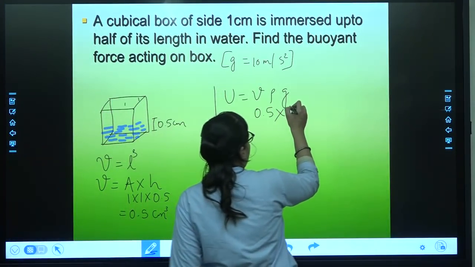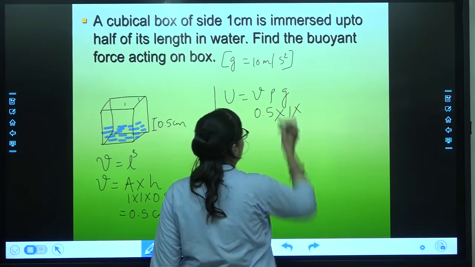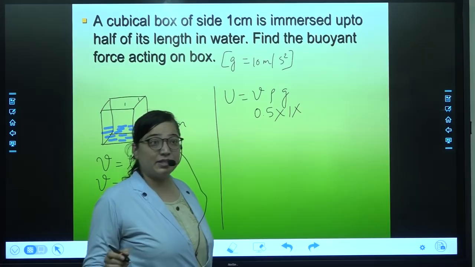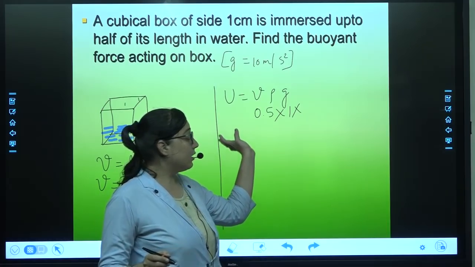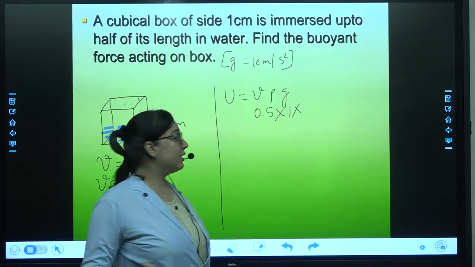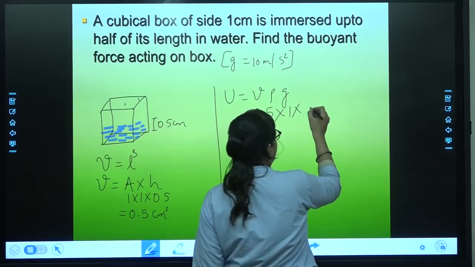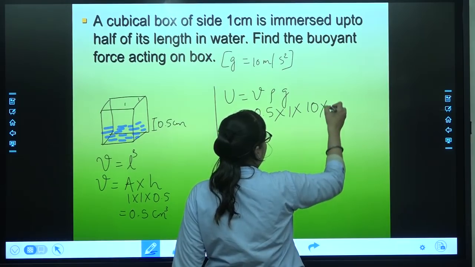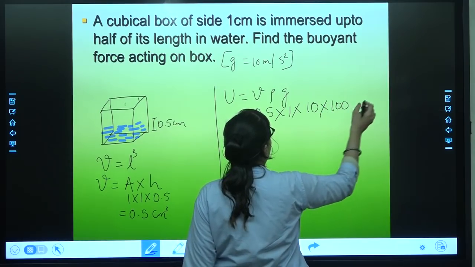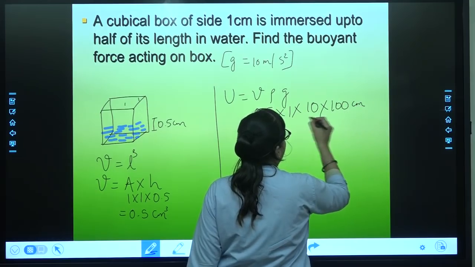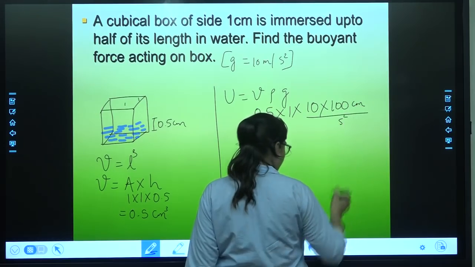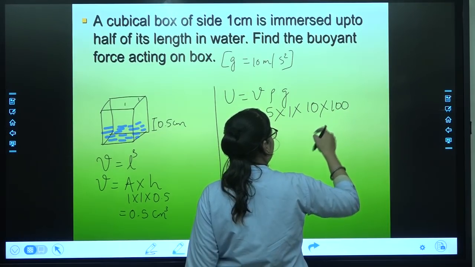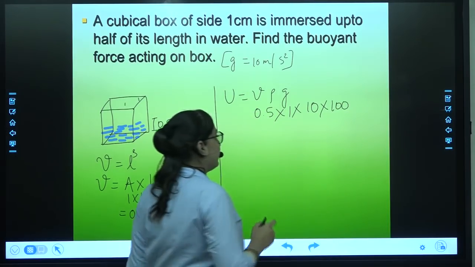So here it's 1 gram per centimeter cube into G needs to be taken in the basic, like you need to take it in centimeter. So here G you are having as 10 meter converted into centimeter, so it will become 100 centimeter per second square. If we don't write the unit, then also it's okay. This is how we convert it.